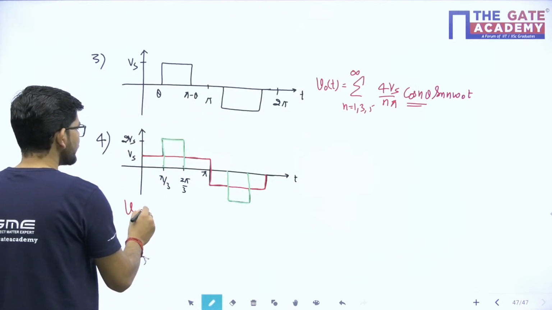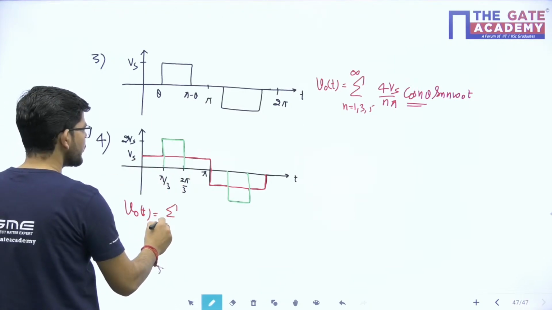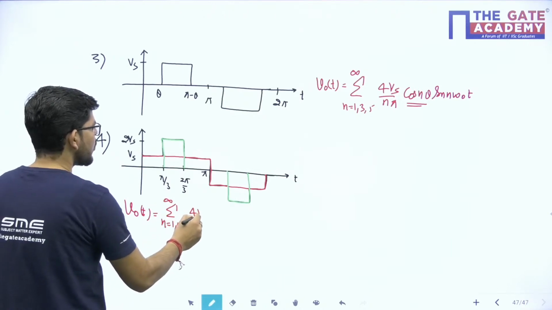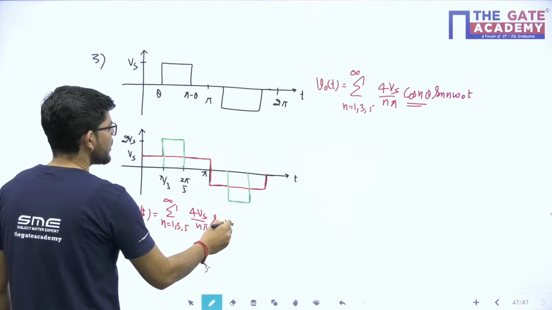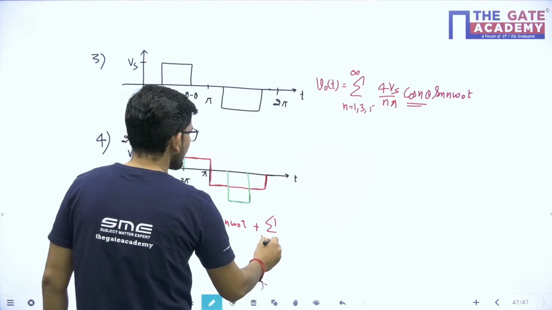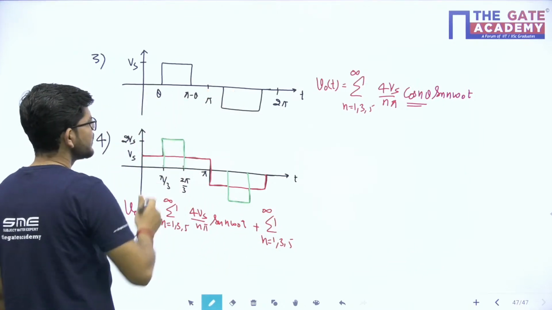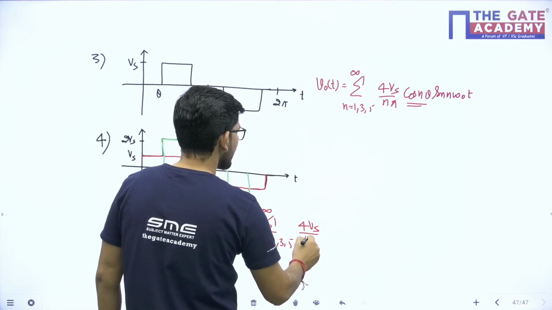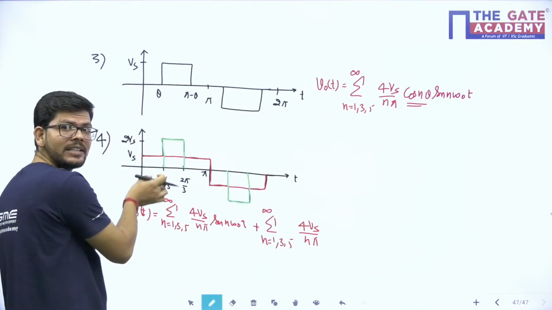First of all, you write for the square wave: the summation for n equals 1, 3, 5 to infinity of 4 Vs upon n pi sin n omega naught t, plus for the quasi square wave portion, referring to the earlier result, 4 Vs upon n pi cos n theta sin n omega naught t. Theta here is pi by 3.